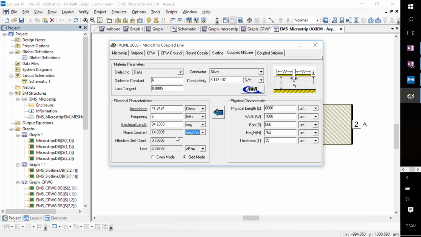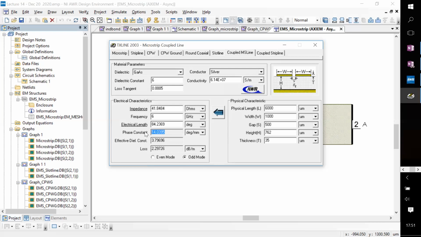Okay, 14 degrees per millimeter, effective dielectric constant of 3.79. Whereas for the even mode, it's 15.7 and 4.76. So this is larger than this one.